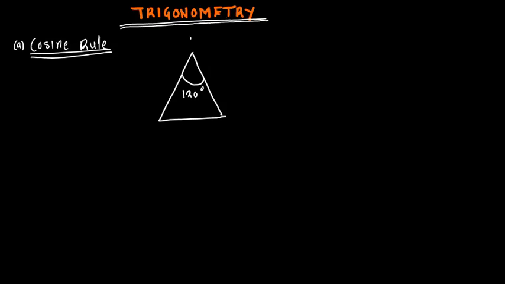And of course, this is your A, this is your B, and this is your C. Let's imagine that this is 20 kilometers, and this is 40 kilometers. And of course, the question would say find BC. Let's say 2 marks.